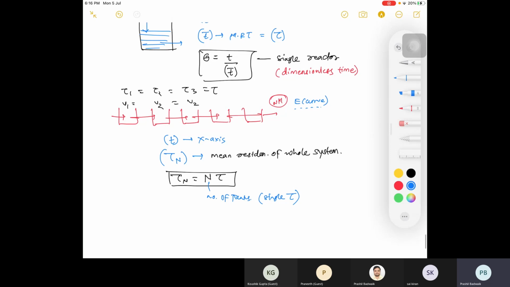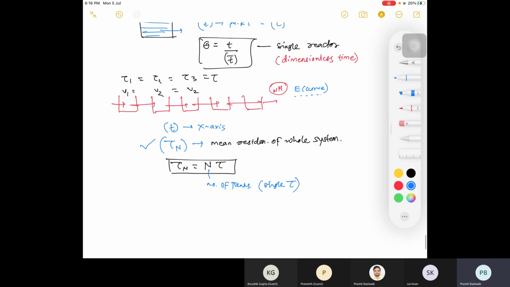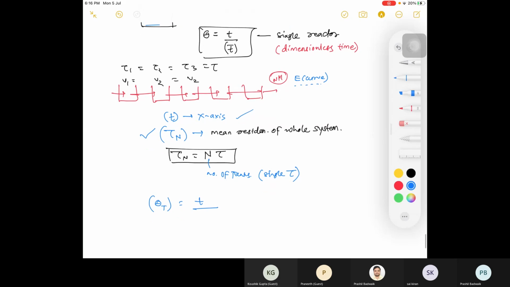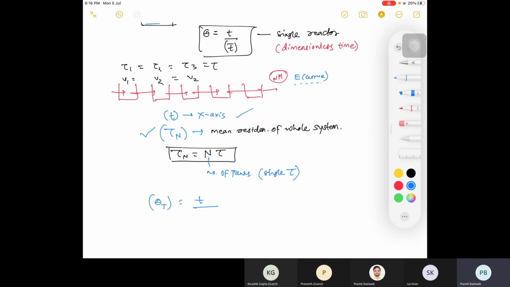Then we were on finding your theta. Just like you have the total mean time, you will have theta for the total system. I am defining it as time t, because time t is the same on the x-axis, divided by what? The mean residence time of the whole system or single?